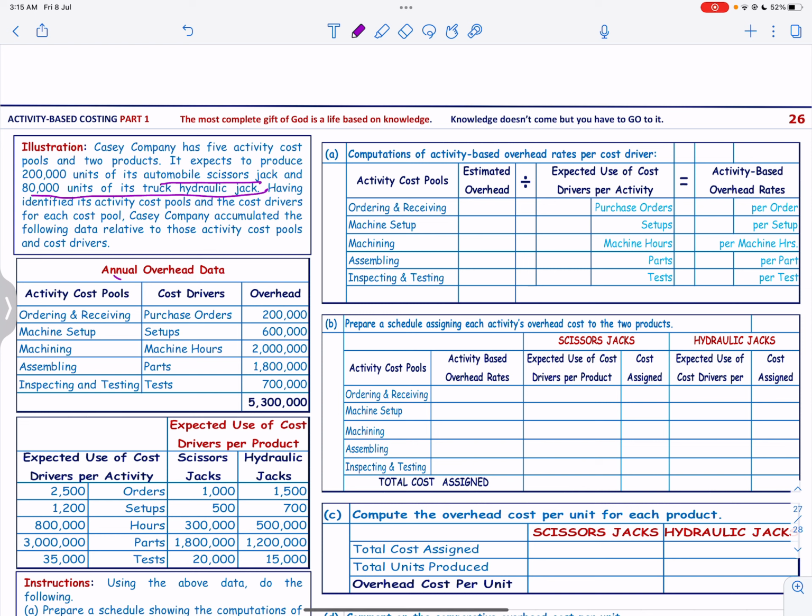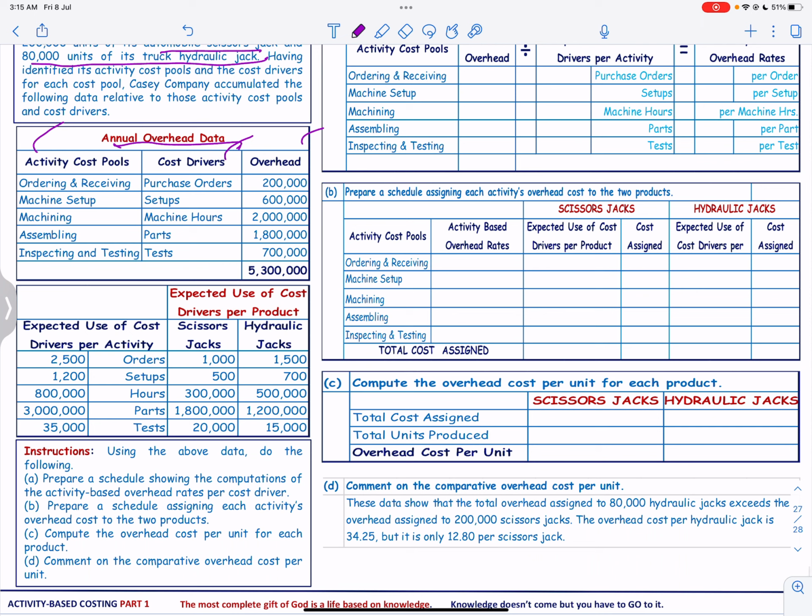So we have the annual overhead, we have the activity cost pools, cost drivers, and the overhead. And these are the expected use of cost drivers per activity, expected use of cost drivers per product. Now use the above data to prepare a schedule showing the computation of activity-based overhead rates per cost driver.